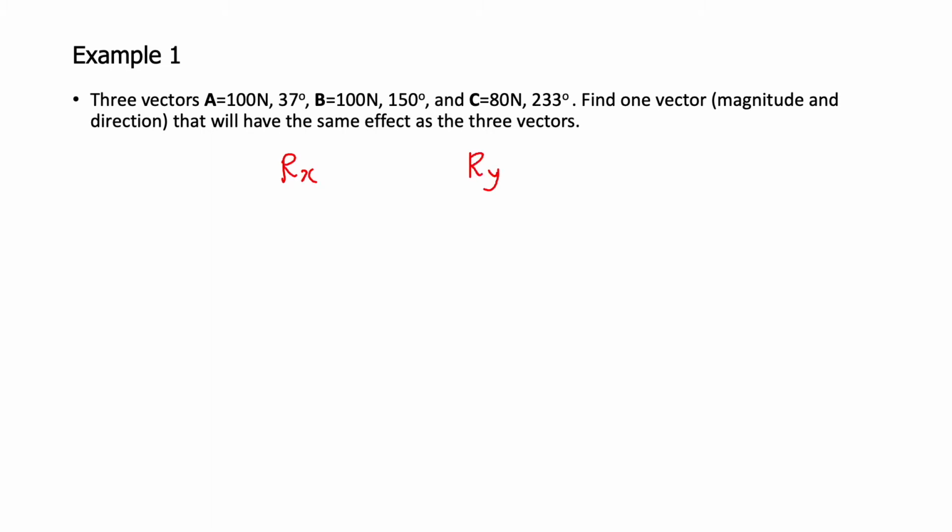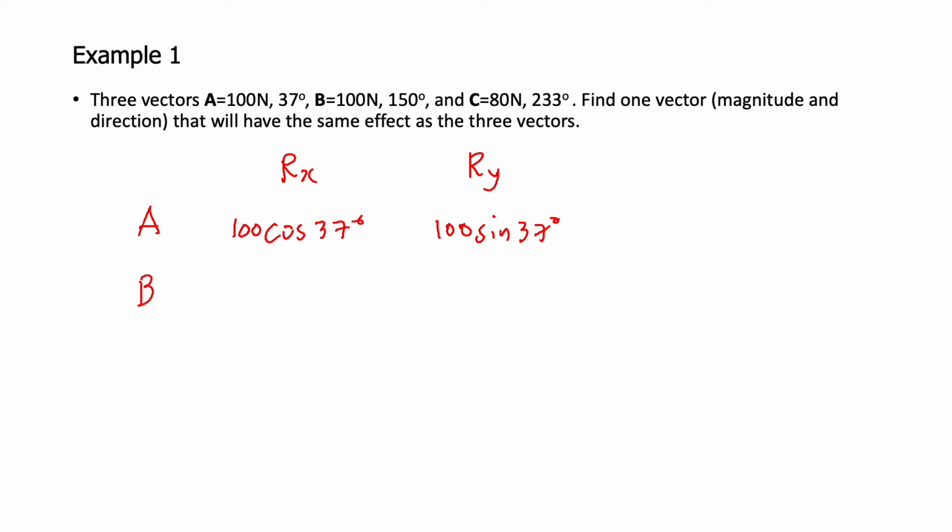So this is A. The components of A are 100. For getting the Rx, or the X component, it is 100 cosine 37, while for Ry it is 100 sine 37 degrees.